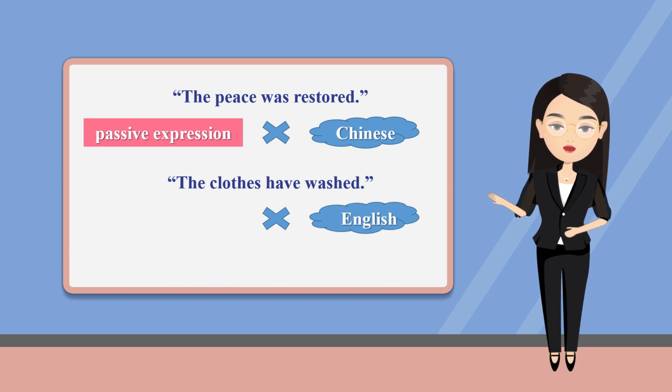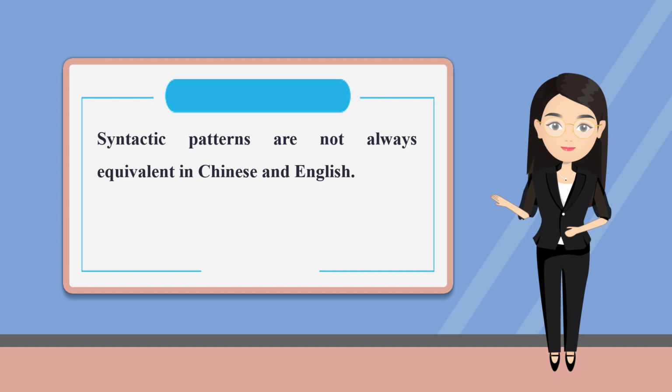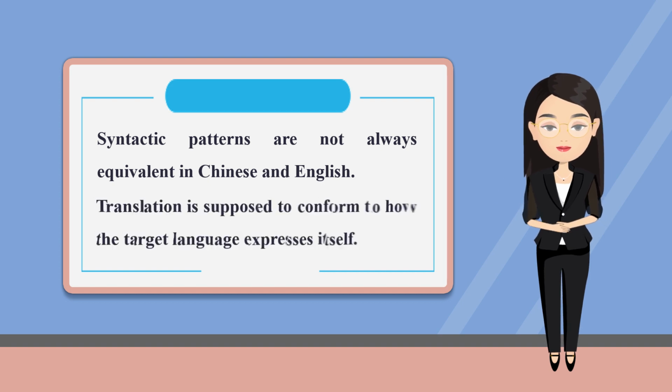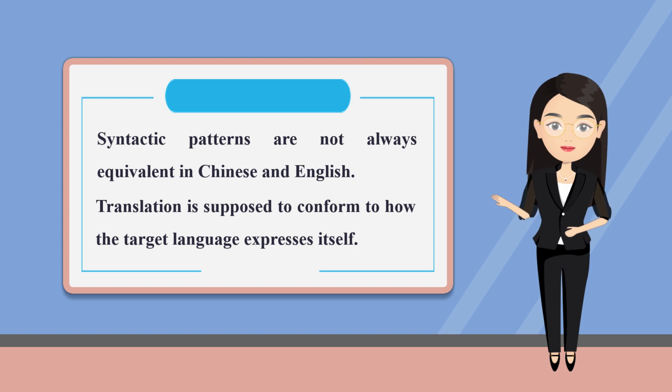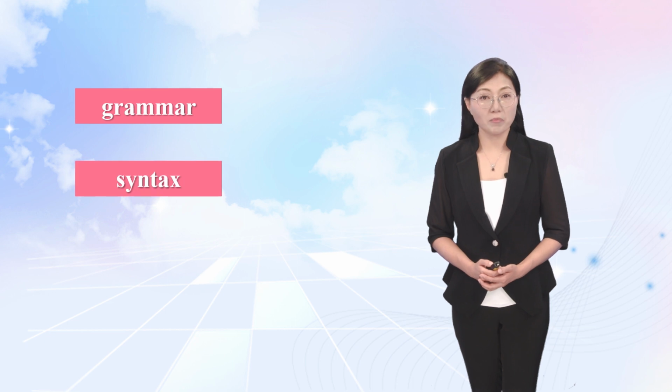From the above, we know that syntactic patterns are not always equivalent in Chinese and English. Translation is supposed to conform to how the target language expresses itself. In addition, we often need to understand a language's grammar and syntax to understand the meaning of words.